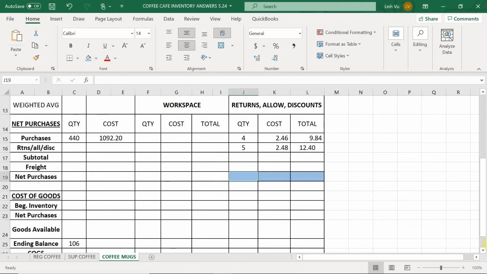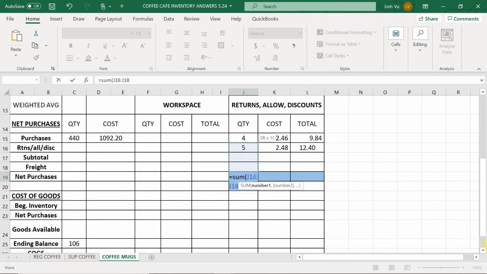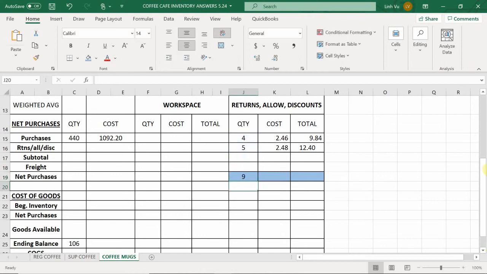How many items did we end up returning? That should be 9. At a total cost of $4.94. Okay, not that column, the next column. Total cost.